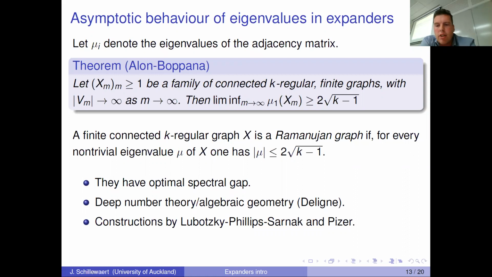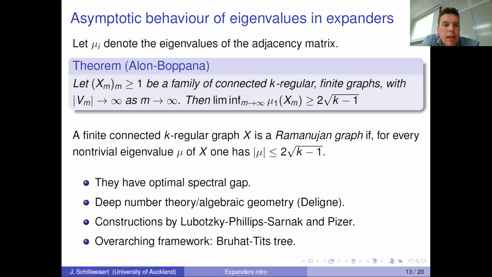The second construction I will briefly mention is Pizer's construction, which Bo has already done in his excellent talk. I'm going to give 2 fairly hands-on concrete constructions of these Ramanujan graphs, but you can actually study them in one overarching framework, which is the Bruhat-Tits tree.